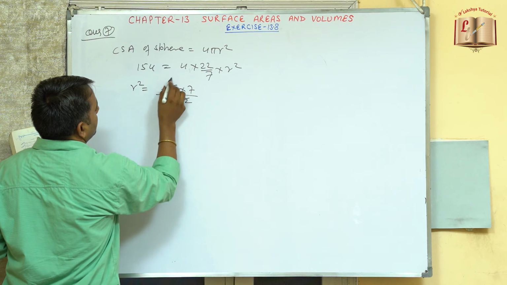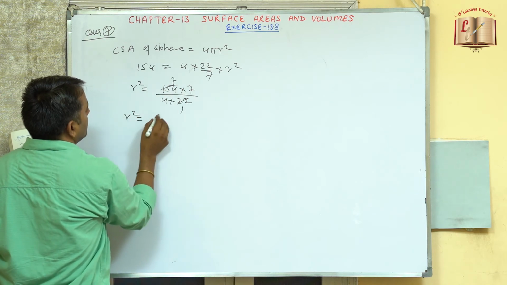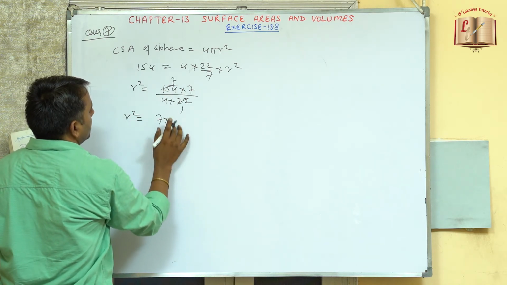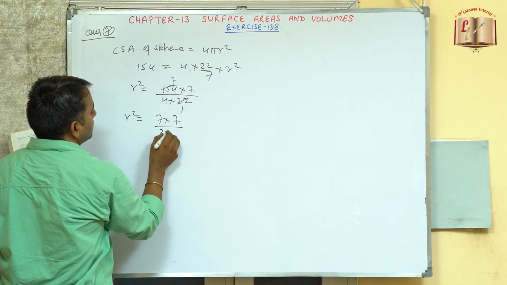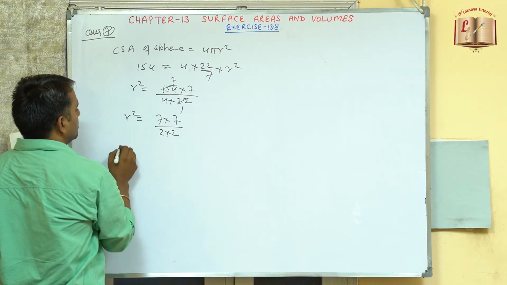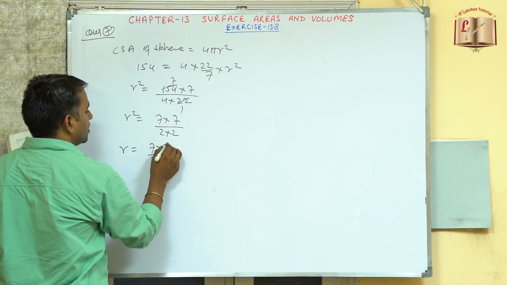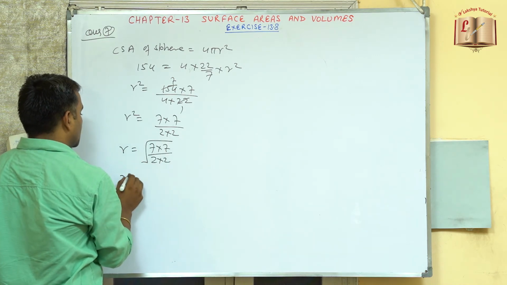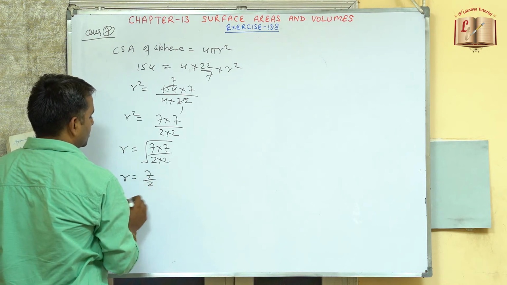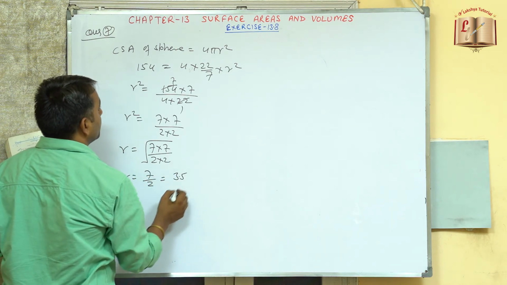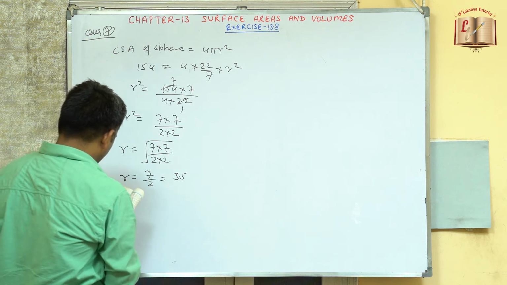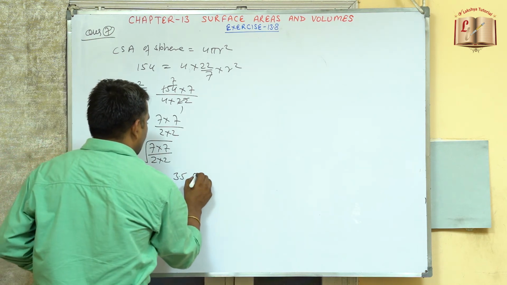This is 1 time, this is 7 times. So r square equals 7 into 7 divided by 2 into 2. Taking the square root, r equals 7 by 2 or 3.5. So we got the radius as 3.5 centimeters.